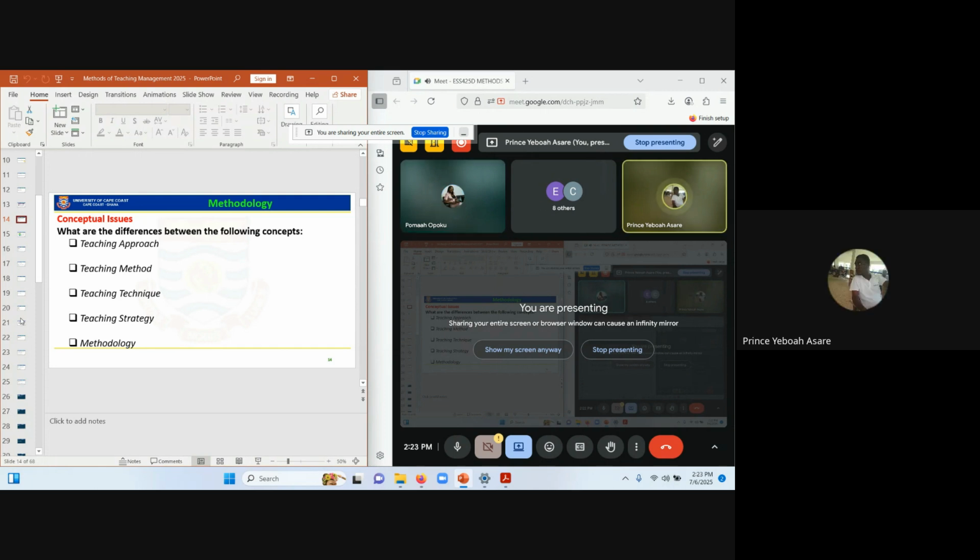Yes, so explain. We want to find the differences between teaching approach, teaching method, teaching technique, teaching strategy, methodology. You can take the first one or any that you like, because we need to understand these words as you use them in teaching.